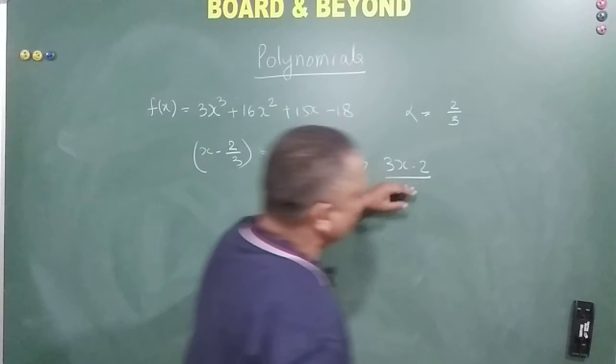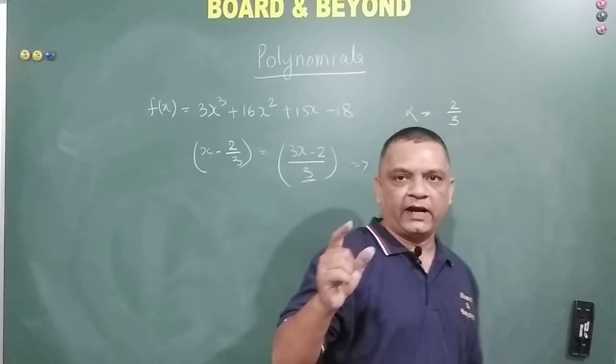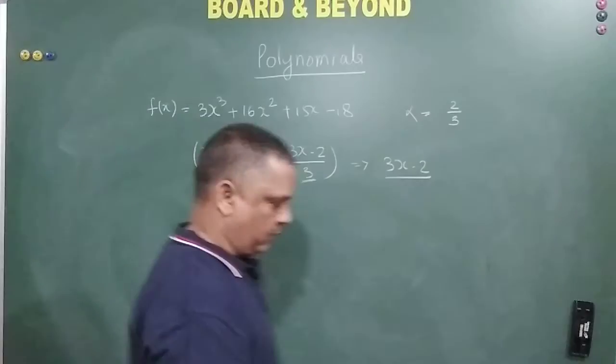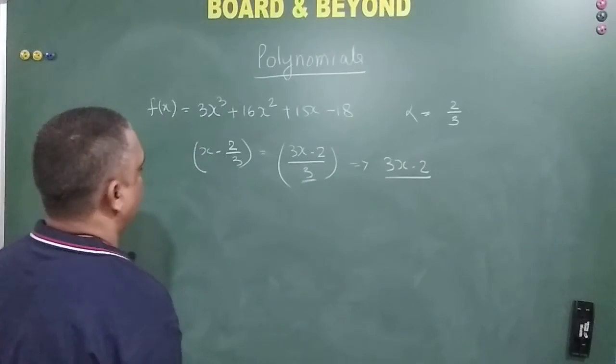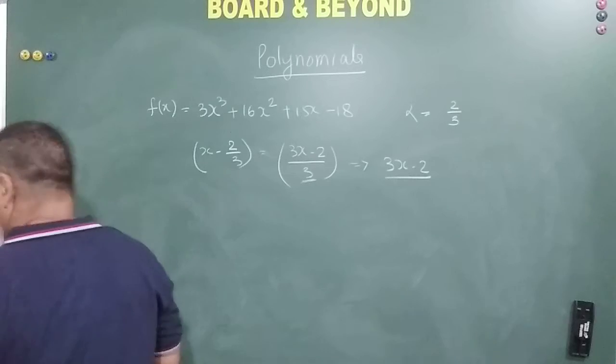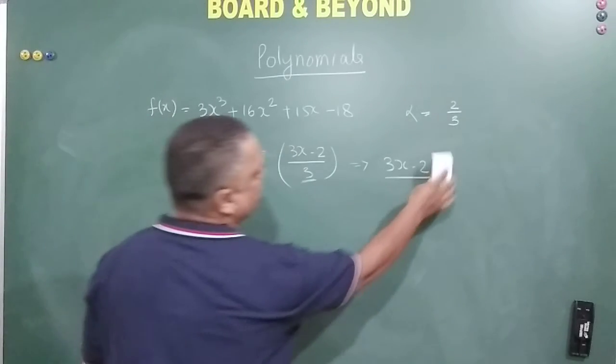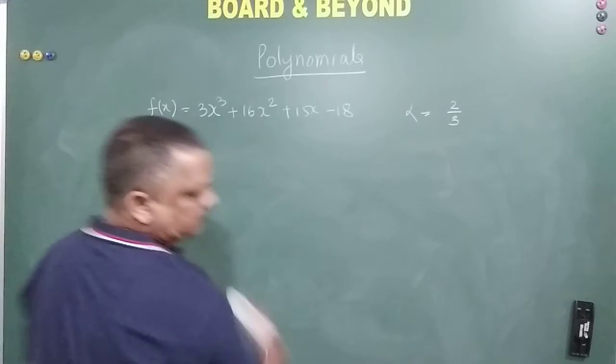So if 3x minus 2 is one of the factors, then we need to do a division here to find out the other factor. So a normal division, let me just rub it off. We remember 3x minus 2 is one factor.